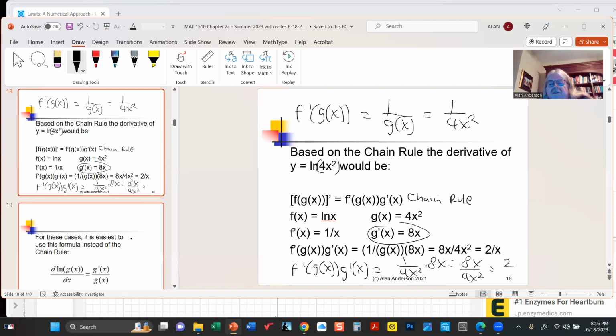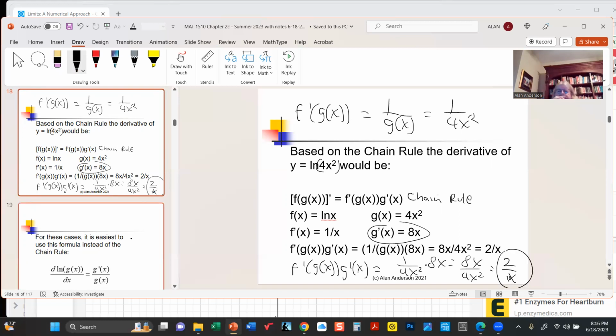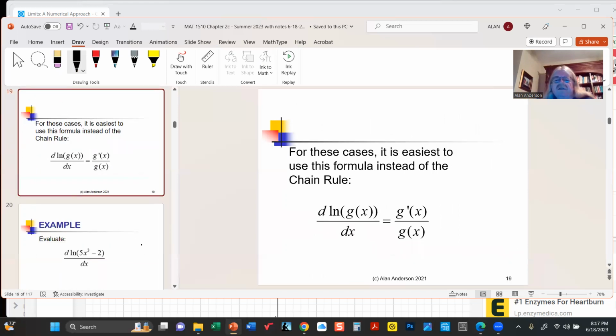And so this reduces to 2 over x. And if you notice, based on that rule, remember we were given this rule earlier. Let's confirm that this worked. So g prime of x is 8x.